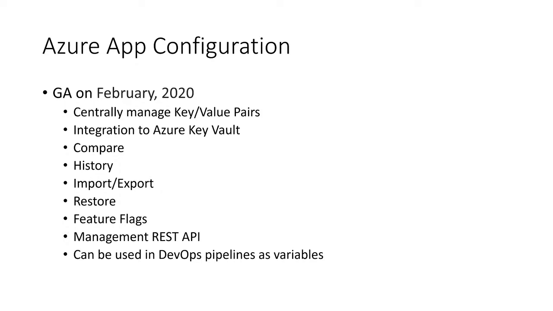So we usually maintain secrets and certificates in Azure Key Vault. It has the ability to integrate, basically pick up the secrets or keys from Azure Key Vault, and then you have the ability to compare. I will show you all of these.